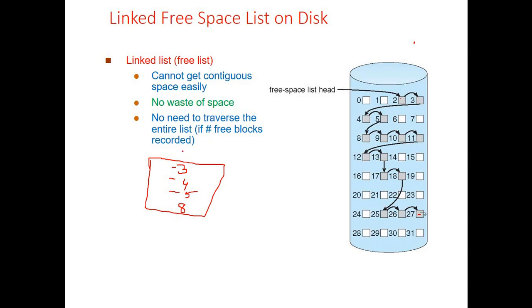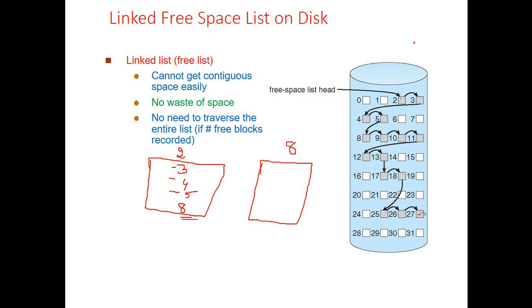So likewise, these are the contents of block number 2. Block number 2 contains 3, 4, 5. They are the free blocks immediately following 2. And block number 8 holds the addresses of the next free blocks following 8.